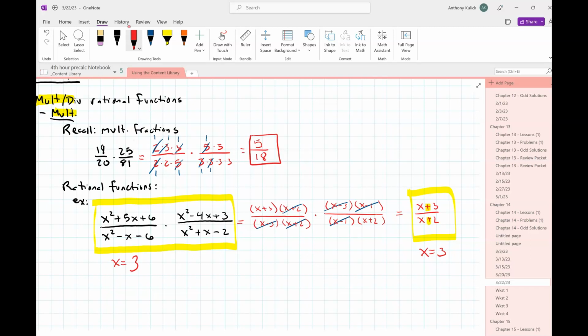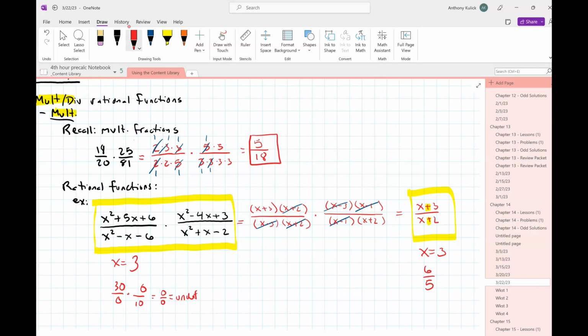So if I plug in 3 to the top, I get 30 over 0 times 0 over 10. That's 0 over 0, which is undefined. If I plug in 3 over here, I get 6 over 5. Uh-oh. Those are not the same.